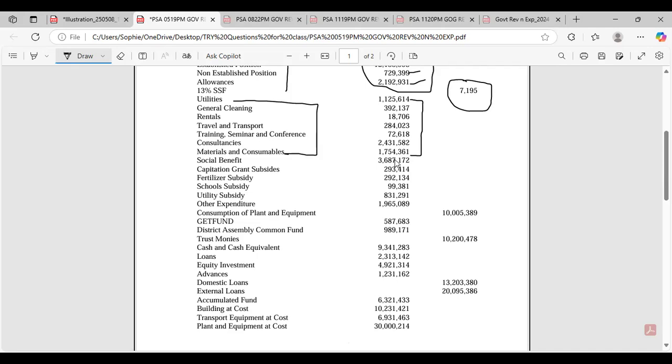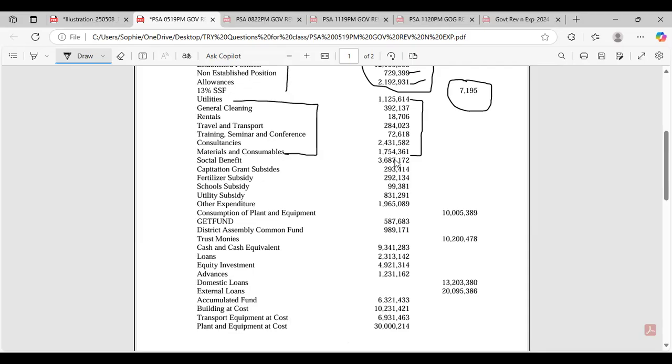What classification of expenditure will it be? Majority of you have goods. This should be under goods and services. Yes, goods and services.